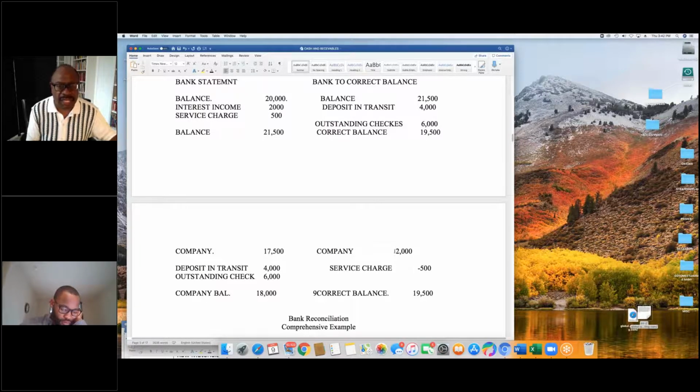The company's balance should have been 18,000. Then the interest would come in here as 2,000.